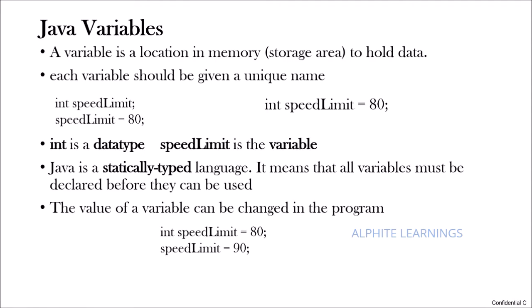Both are the same. And if you give the variable name as speedLimit with L as a capital letter, then if you want to access this particular variable, you have to call it in the same format. As you know, Java is case sensitive. So however you declare it, in the place of using it, you have to call it in the same way.